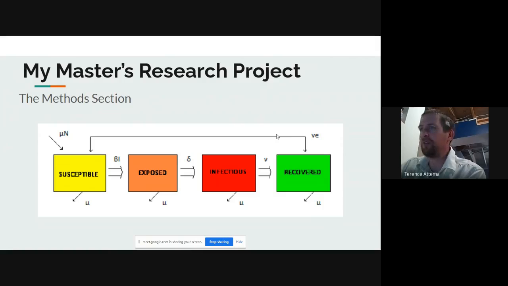Could be COVID, could be something else. It looks like I have birth and death rate as mu, and various parameters: a transmission rate, a recovery rate, a vaccination rate if there's a vaccine available, like there is now for COVID, and you basically press play.